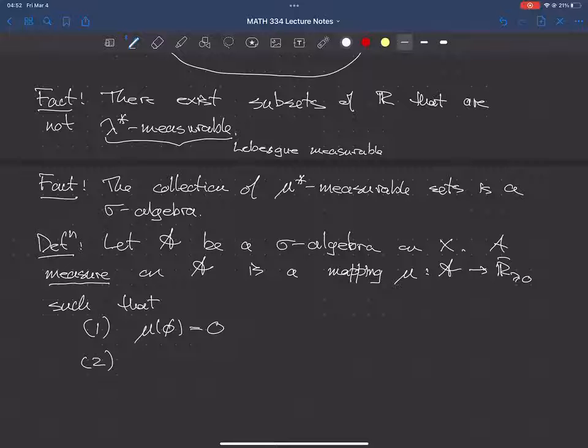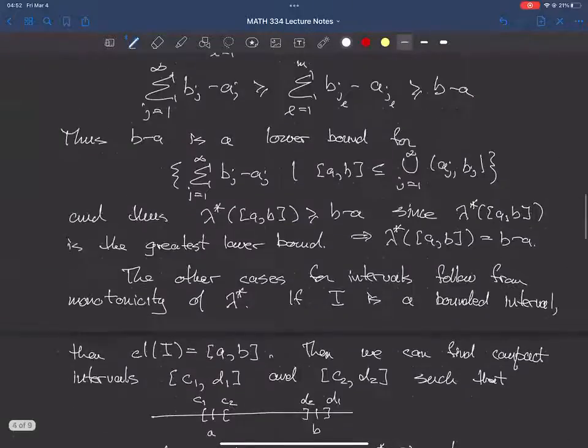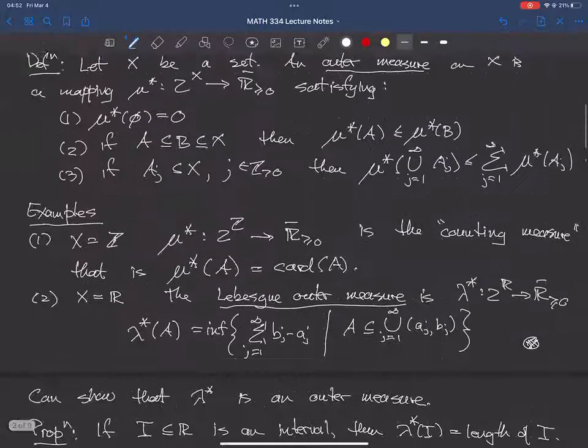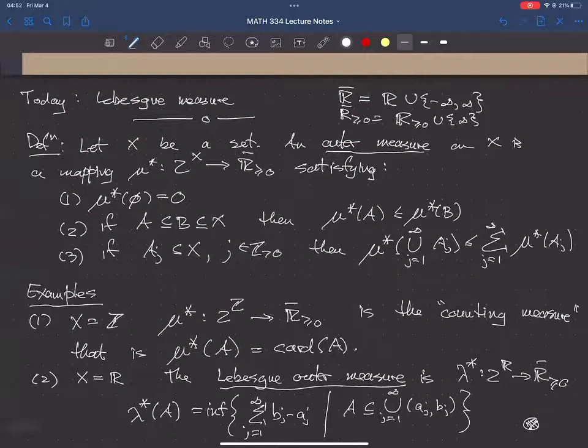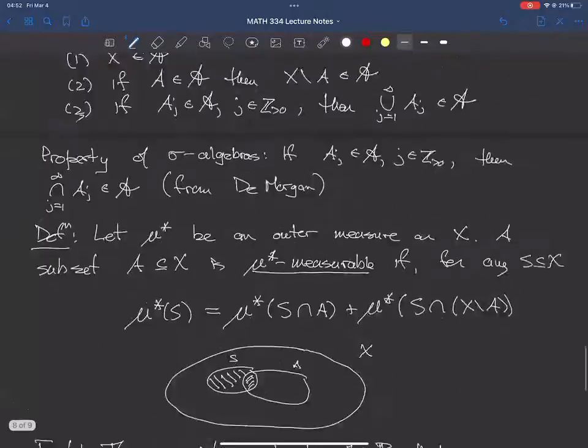And then I'm going to require the right version of countable subadditivity. For an outer measure, I required a property like this, but for measures, I'm going to improve that a little bit.